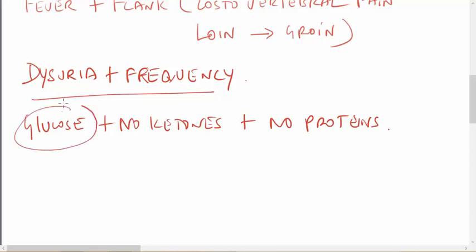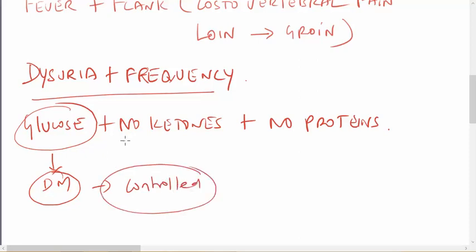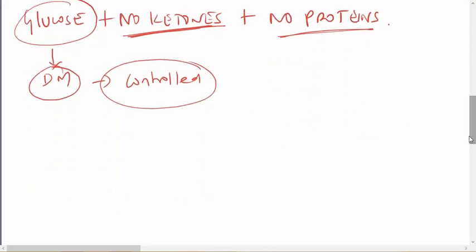There is glucosuria because of diabetes mellitus, but it is controlled because there are no ketones, so no diabetic ketoacidosis, and no proteins, which means the glomeruli are normal. This is how you have to relate the morphology. No complications of diabetes in this case, and the glomeruli are not affected still. It is very well controlled diabetes mellitus, but she developed flank pain and dysuria. Only this finding we have.